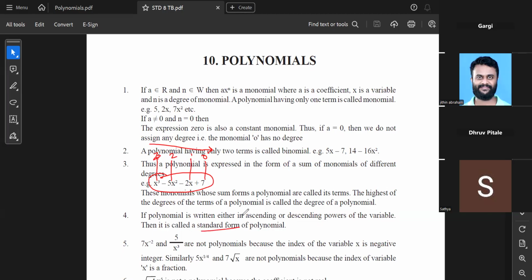Yes, Gargi, what's your query? Sorry, Gargi, your voice is very feeble. Can you please be louder? No, still not audible. Let me just check my audio. Just a minute. I've increased my speaker volume.